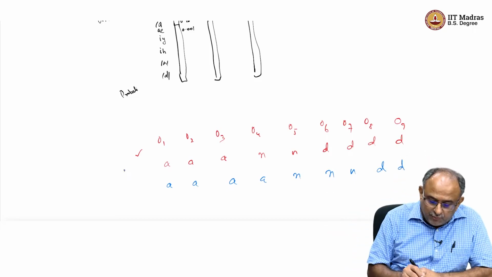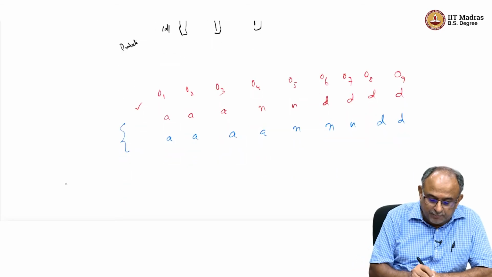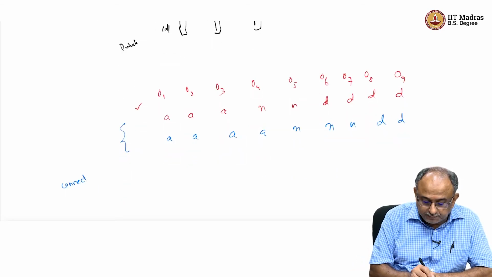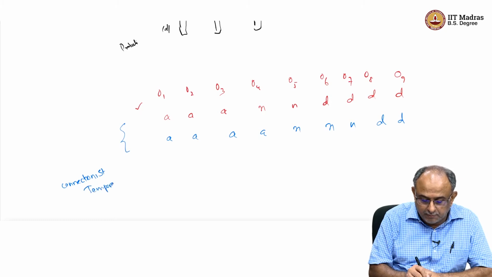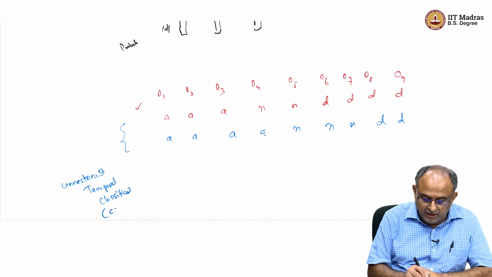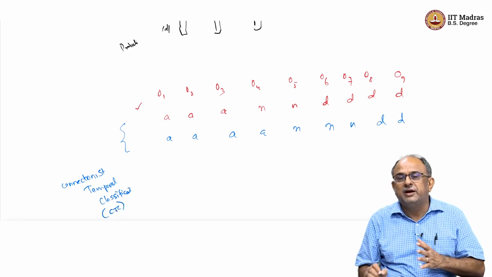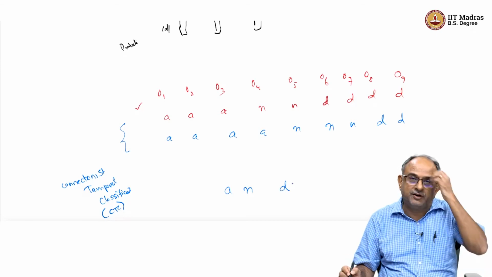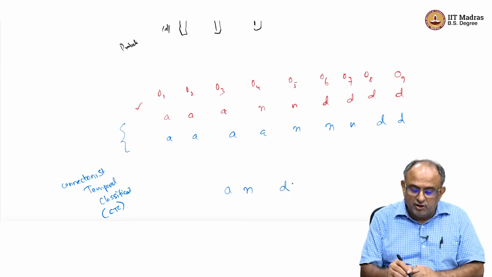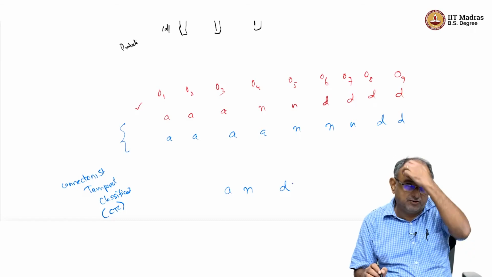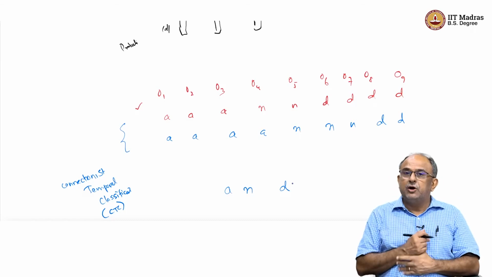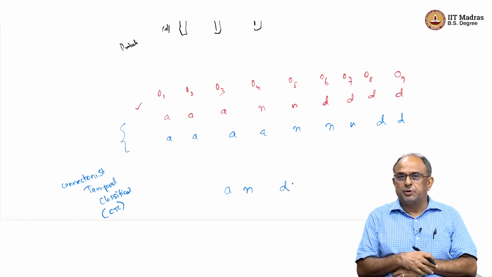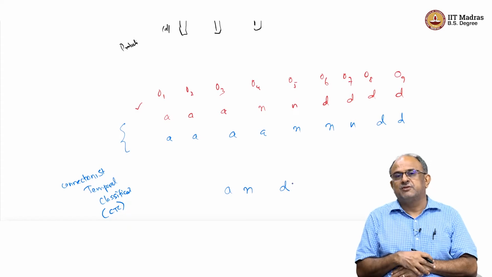That is where we said let us use connectionist temporal classification, or CTC, to say that I am only worried that the output should be a followed by n followed by d. That is all I am interested in. It does not matter if you assign the first three frames to one sound and the next three to another. As long as I combine all the probabilities, the total sum of probabilities, and get the correct sequence, that is my interest.